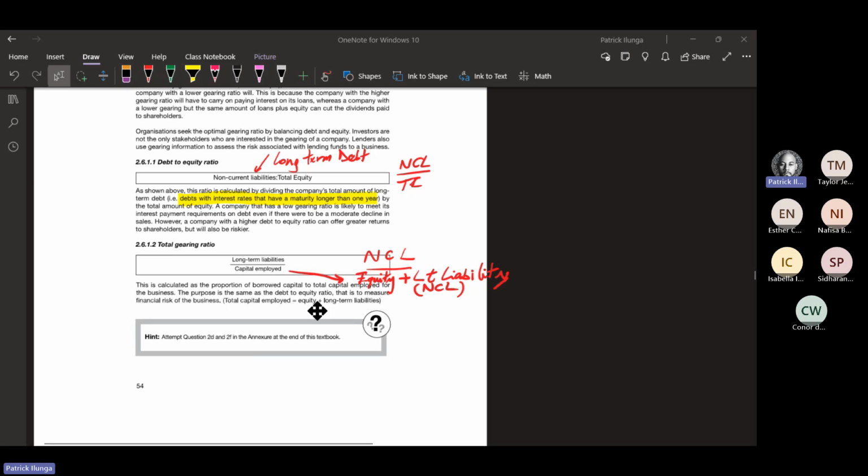So total capital employed, that's the reason why we are using this, because what we want to find out is how much percentage is the debt of all the capital that was employed. Ratio or percentage, same thing there. Debt versus the total capital.